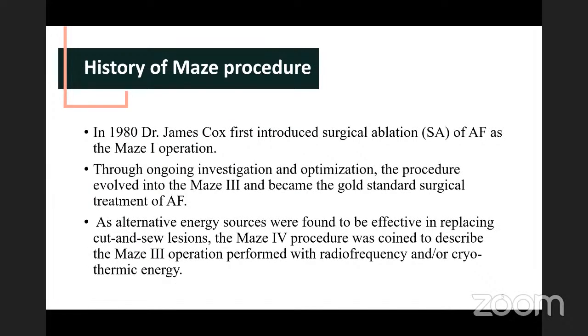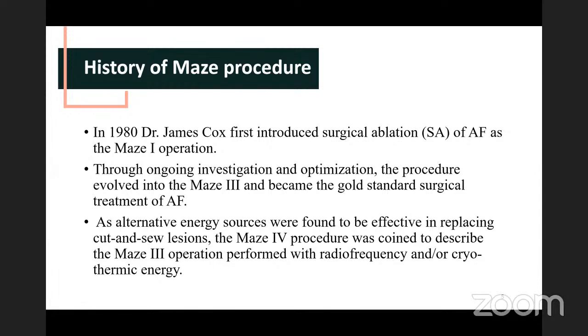So in 1980, Dr. James Cox first introduced surgical ablation of atrial fibrillation as the Maze-1 operation. Through ongoing investigation and optimization of this procedure, it evolved into the Maze-3 procedure and became the gold standard surgical treatment for AFib. The Cox-Maze-3 procedure was done using the cut and sew technique.